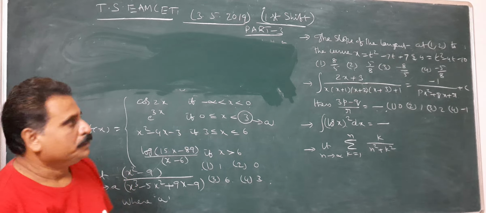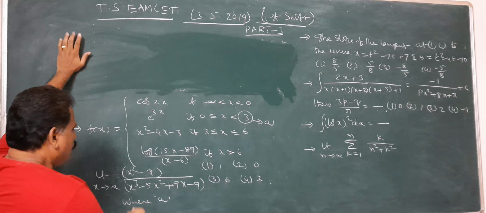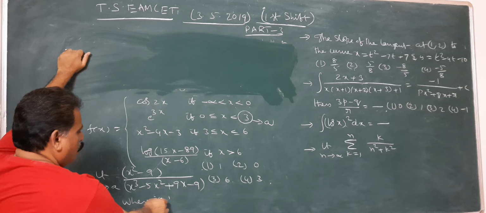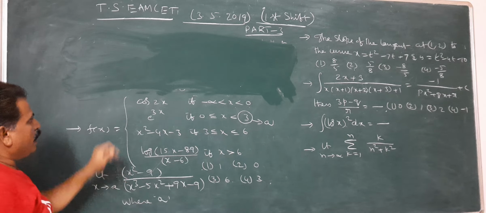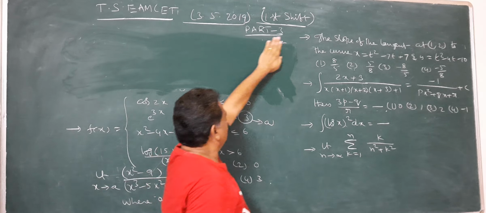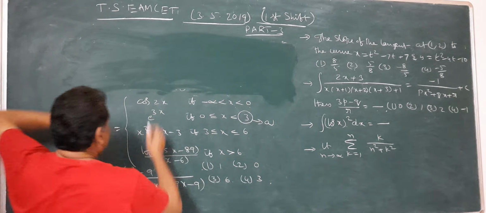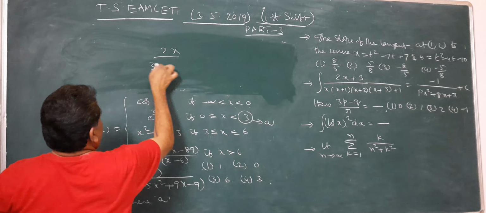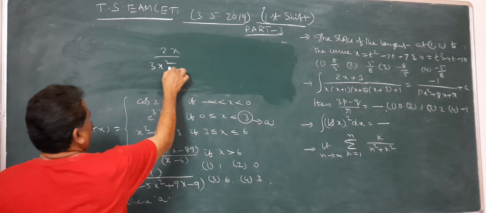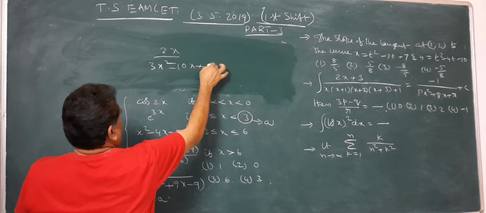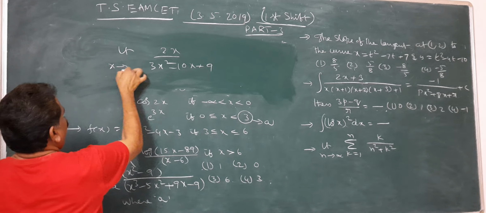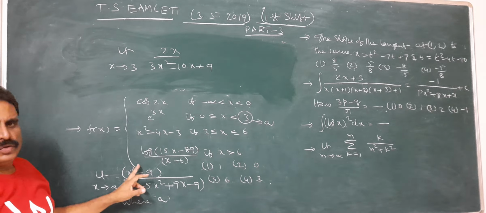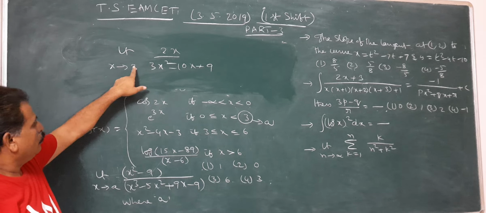Differentiate this. 2x by 3x square minus 10x plus 9, where limit x tends to 3. You substitute x equal to 3.